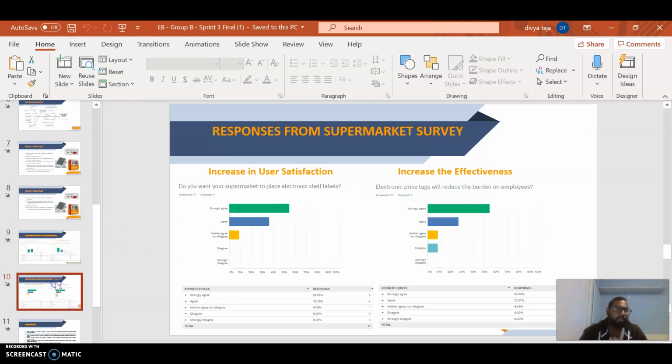Moving on to another survey from the supermarkets, asking if you want your supermarket to be fitted with electronic price shelves, we got 11 responses, with a strong point for implementing this technology. On electronic pricing reducing the burden on employees, the supermarkets also strongly agreed. These are some responses we collected from SurveyMonkey.